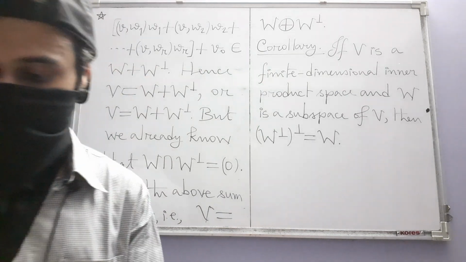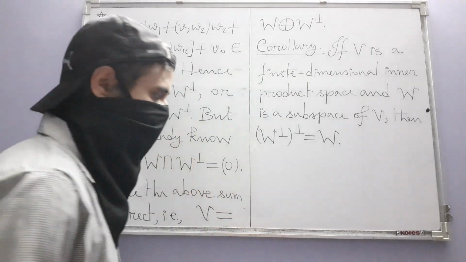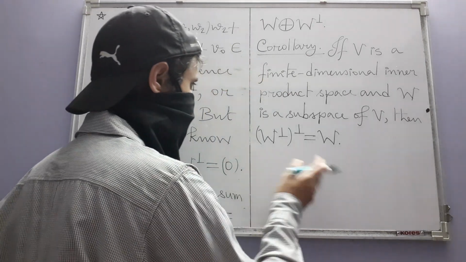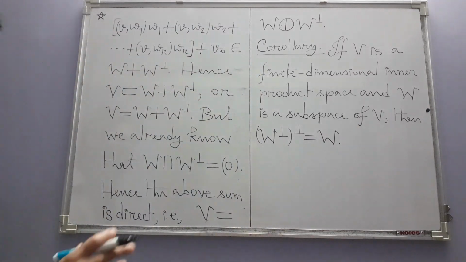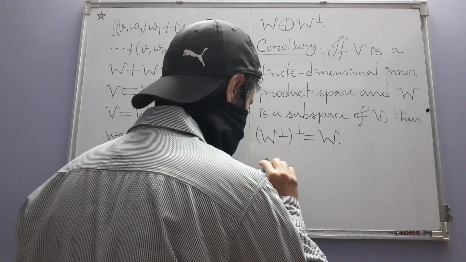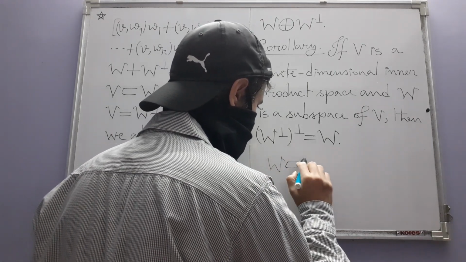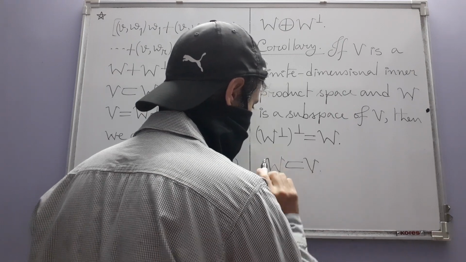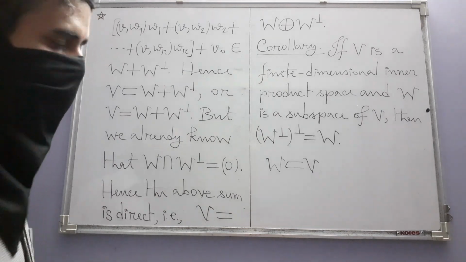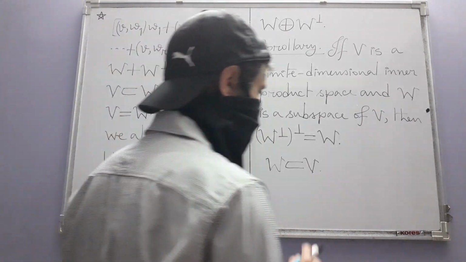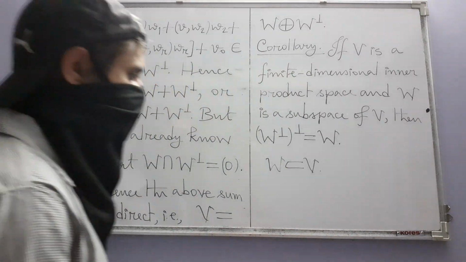Okay, so let us now go back to the proof we have just now seen before we prove this. So there what we did, we reasoned like this in the previous proof, no? That since W is a subspace of a finite dimensional inner product space, W itself is also a finite dimensional inner product space, and hence there is an orthonormal set of vectors.